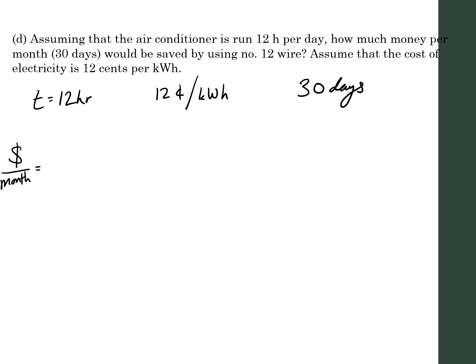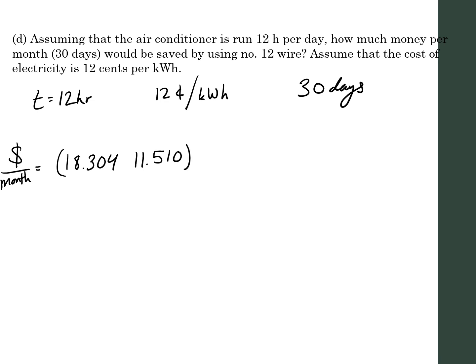So basically, in part D, all we're doing is some fancy unit conversions to go from what we know about power to a dollar amount per month. So we need to look at how much power we are saving by changing our wire. We're going to take our original power from part B and subtract out our new power from part C.